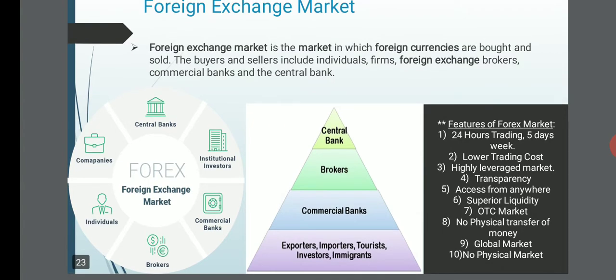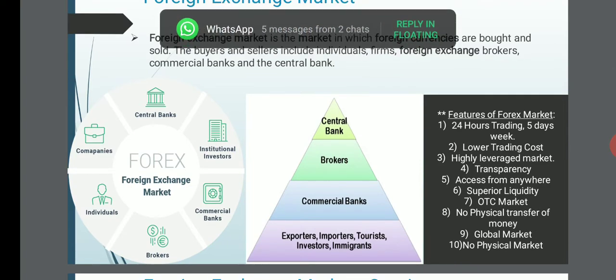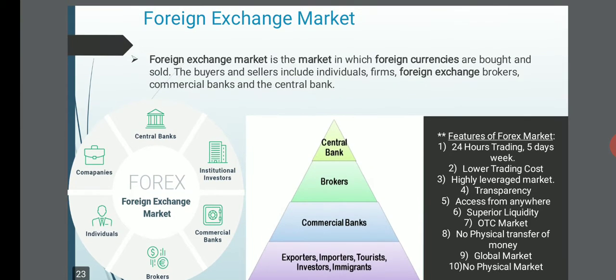Features of the foreign exchange market are 24 hours trading, 5 days a week. This is a market which never closes down. Lower trading cost, a highly leveraged market, there's high risk involved. Transparency, there's huge transparency of rates, access from anywhere in the world. Superior liquidity because there's free flow of funds. OTC market, over the counter market, there's no exchange traded market.